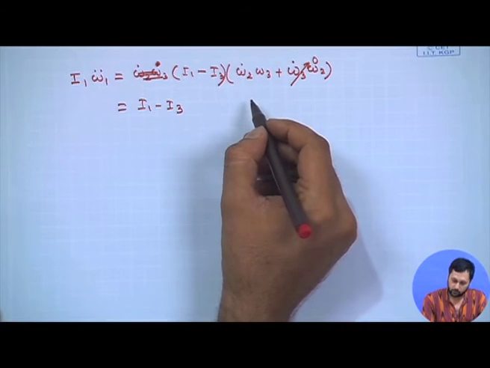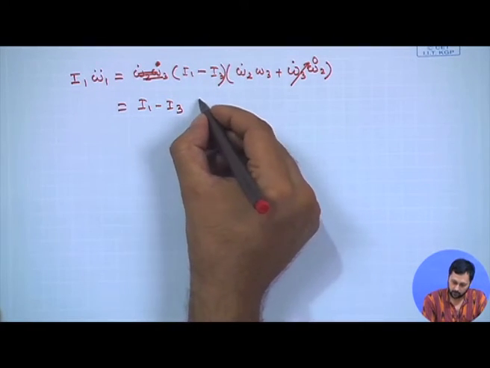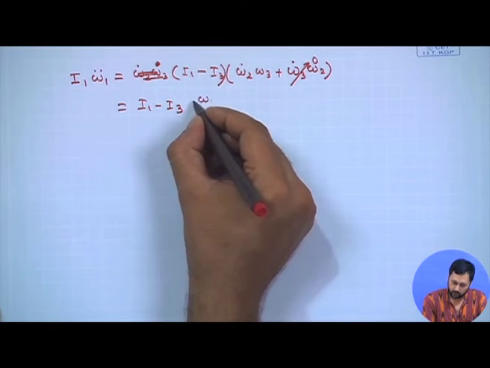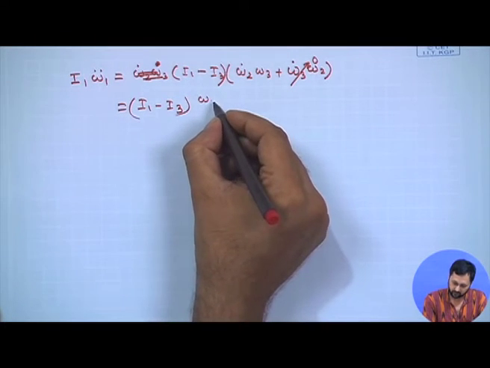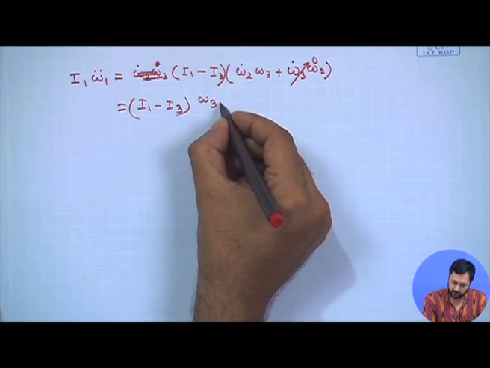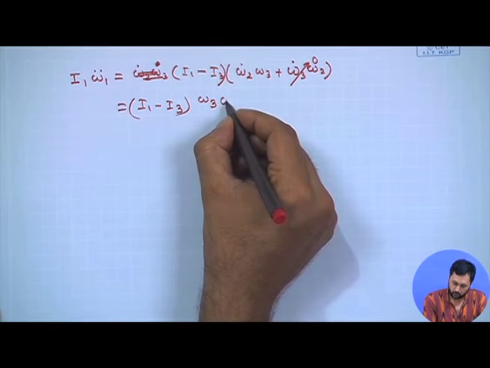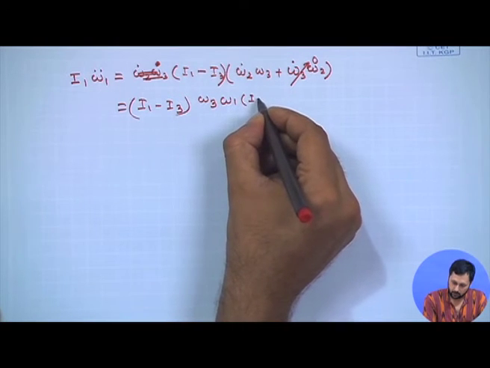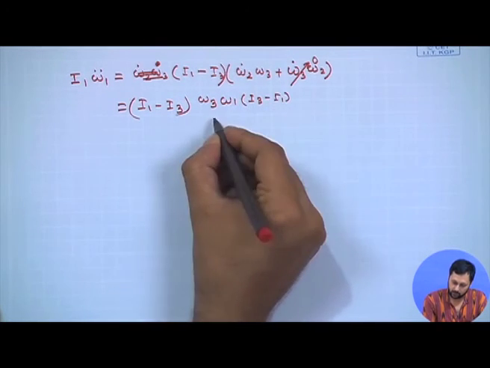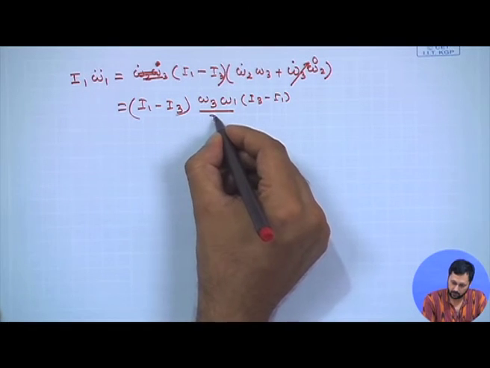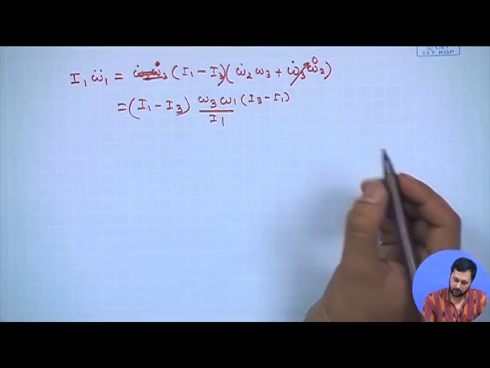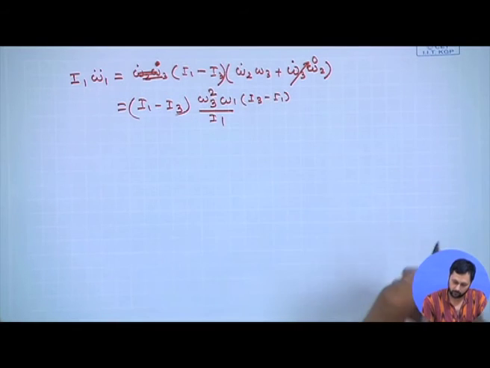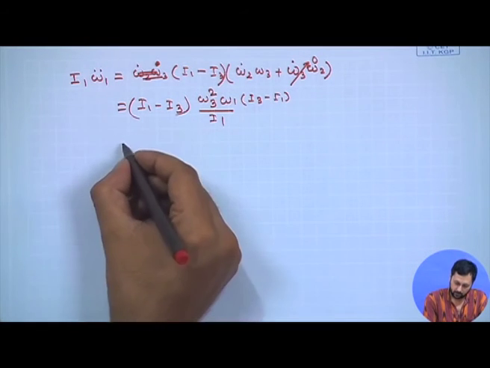Now omega 2 dot is omega 3 omega 1 (I3 minus I1) divided by I1.